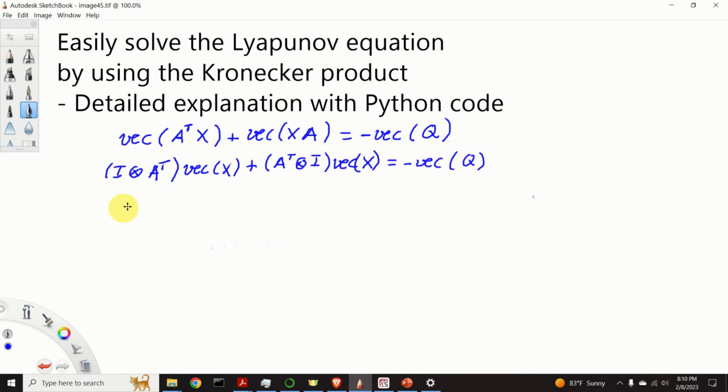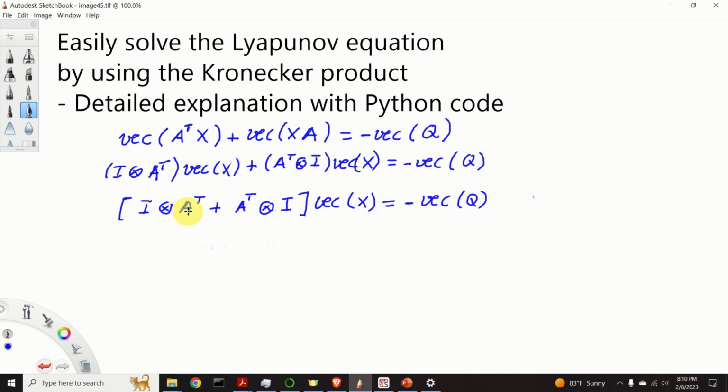Then we can write identity Kronecker A transpose plus A transpose Kronecker identity multiplying vec x is equal to minus vec q.